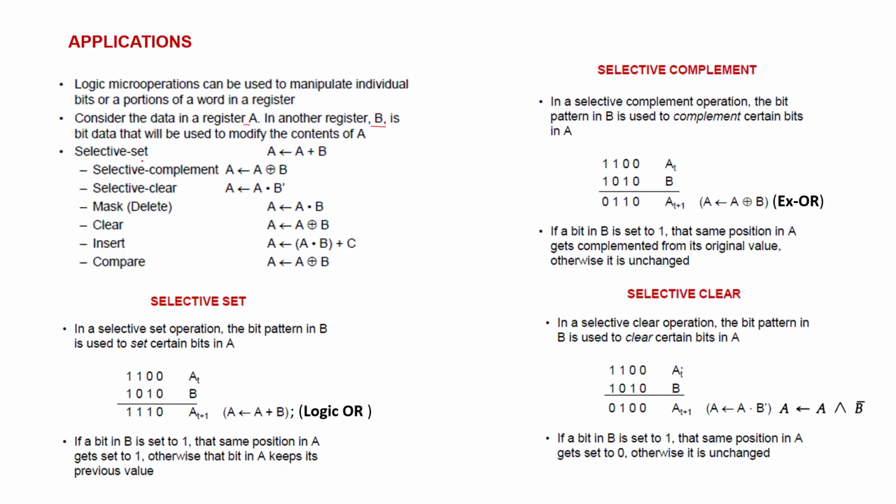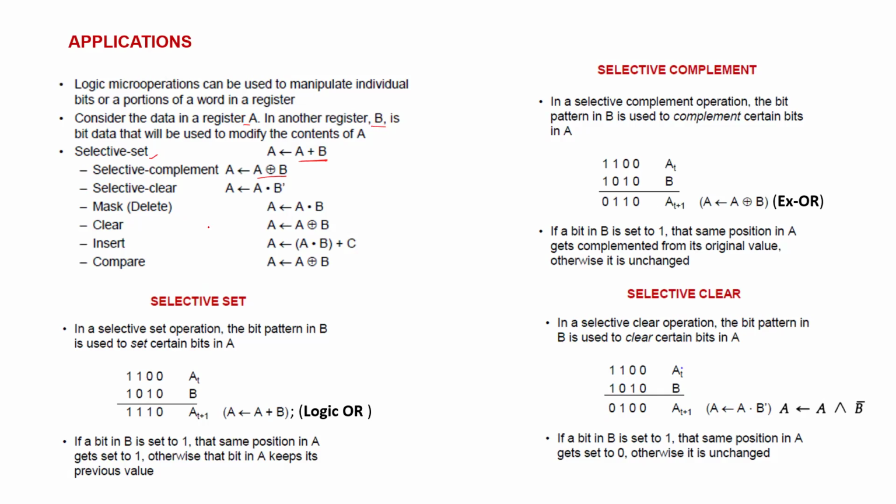First, selective set: the logic OR operation is performed with A and B, and the contents are stored in A. In selective complement, the XOR operation between A and B is performed and stored in A. In selective clear, the AND operation is performed between A and the complement of B and stored in A.